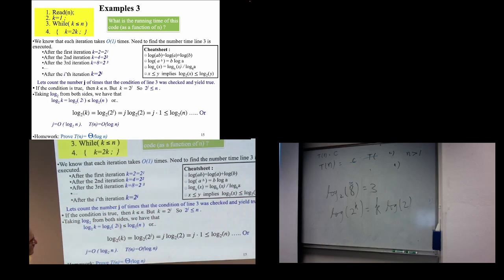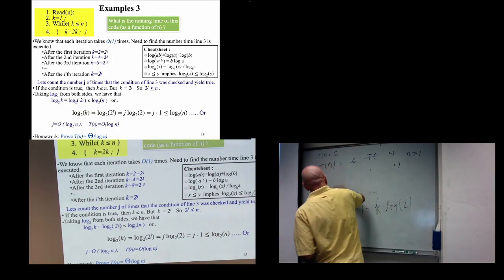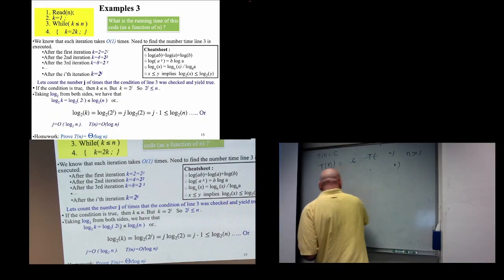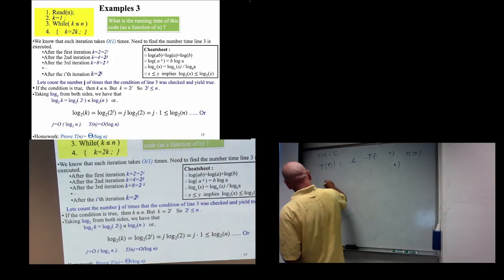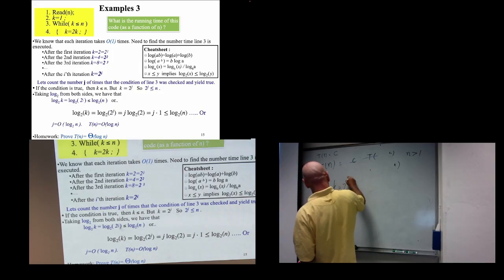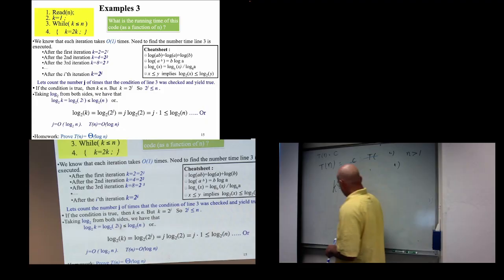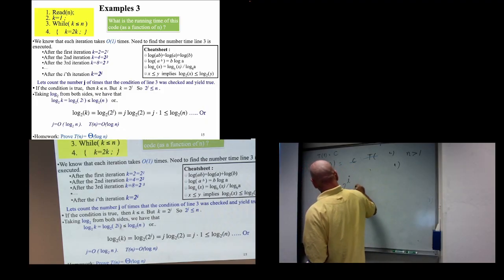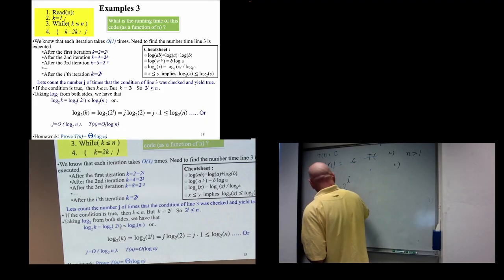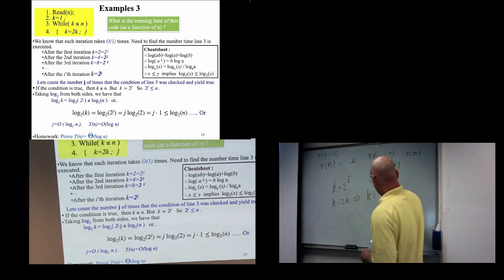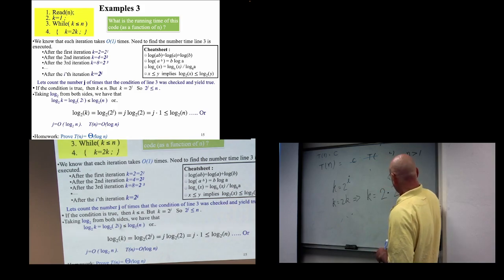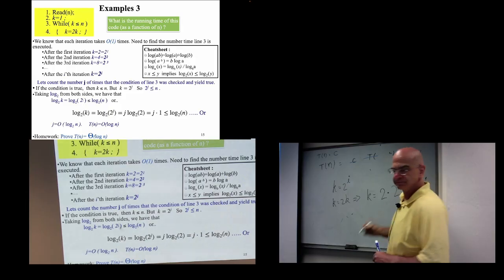What happens after another iteration? We start the iteration when k equals 2 to the i, to some value i, and now I'm performing k equals 2k, implying the new k equals 2 times 2 to the i, which I can also write as 2 to the i plus 1.